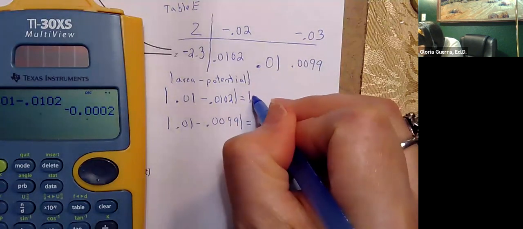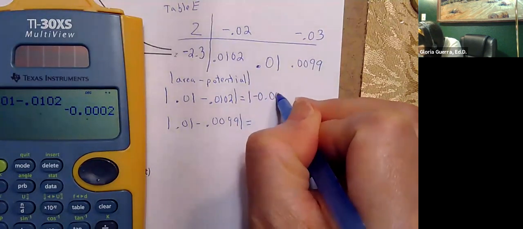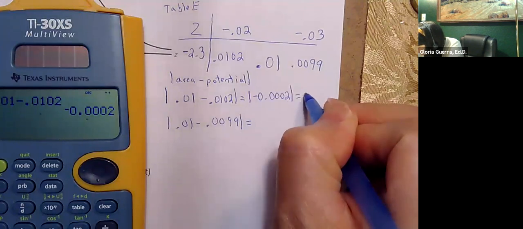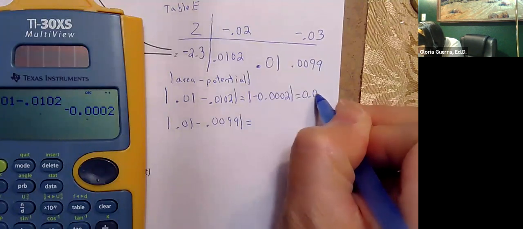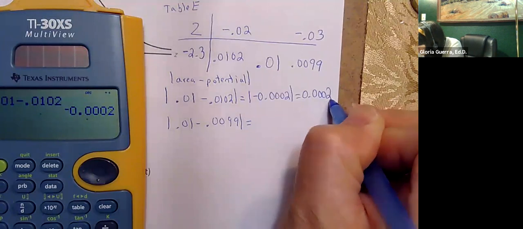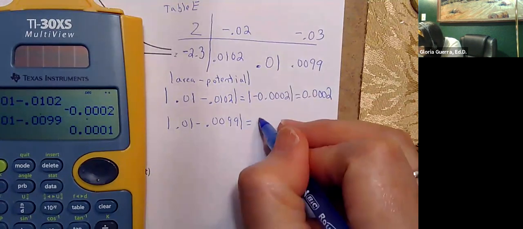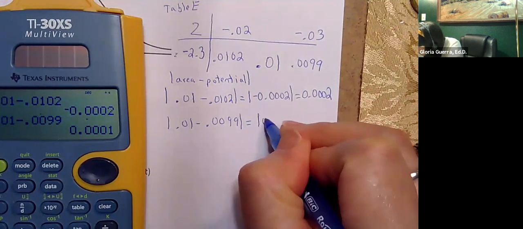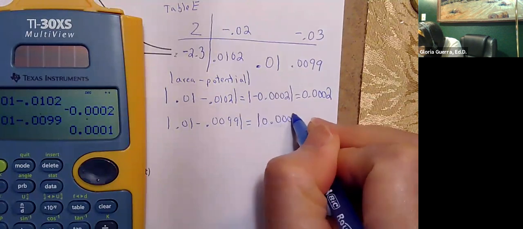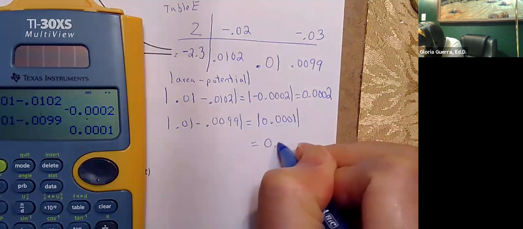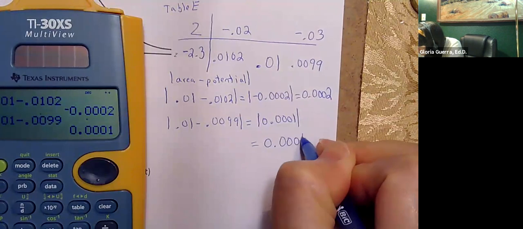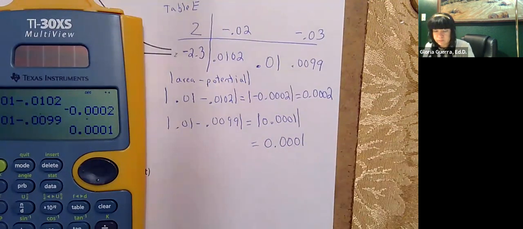So this is negative 0.0002, which is 0.0002. 0.01 take away 0.0099 is 0.0001, which is just 0.0001. Okay.